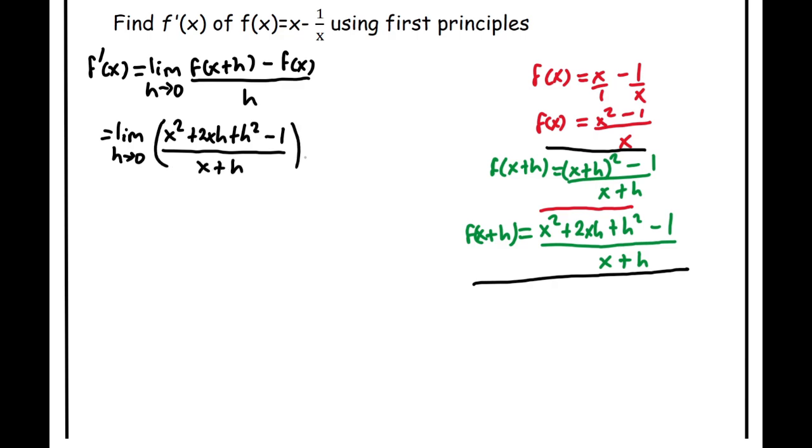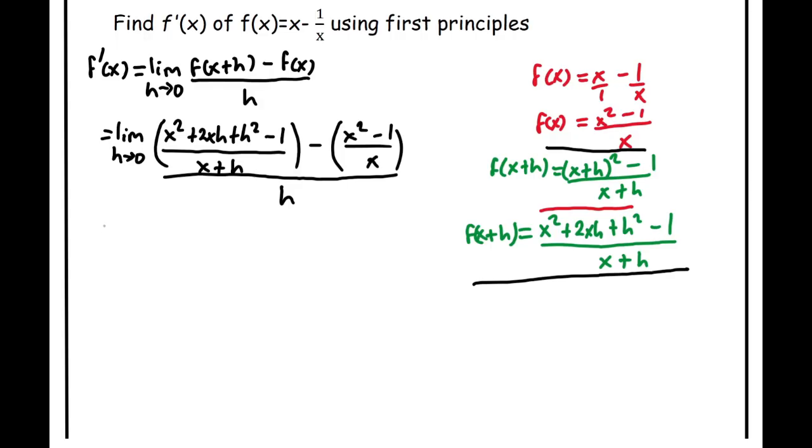This is our f of x plus h minus our f of x, which is x squared minus 1 over x. This entire thing is being divided by h.